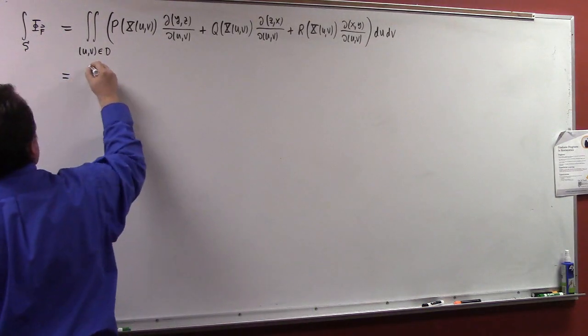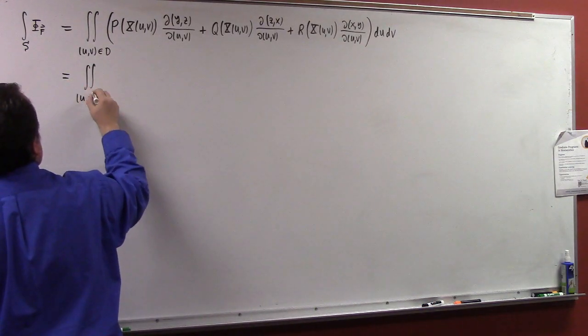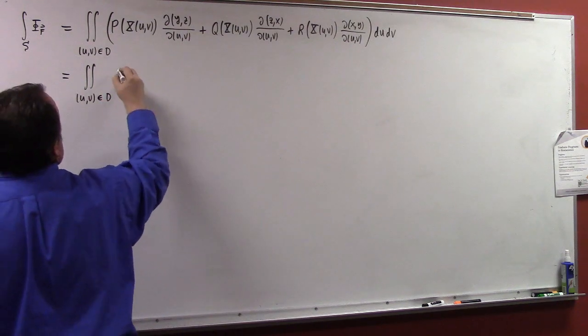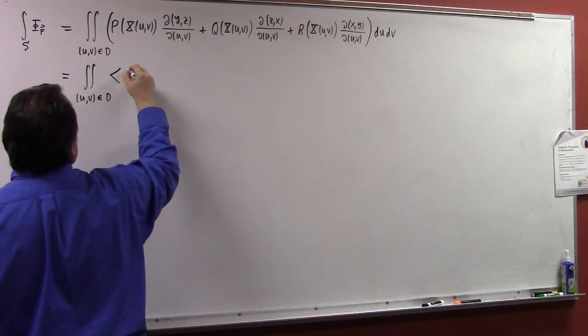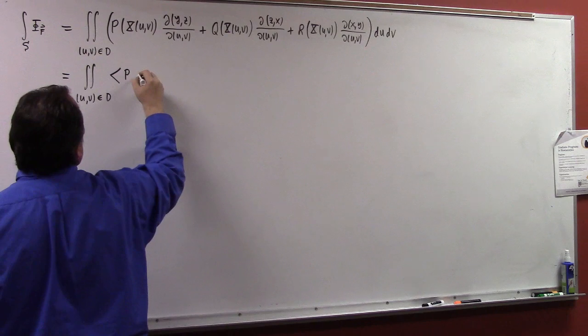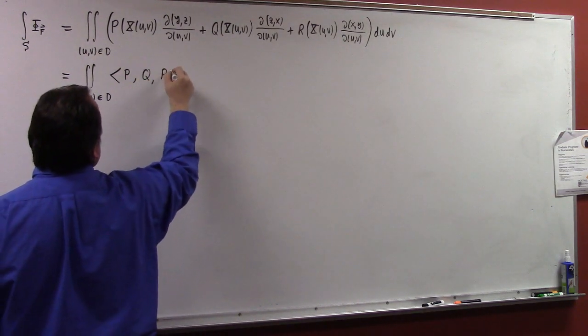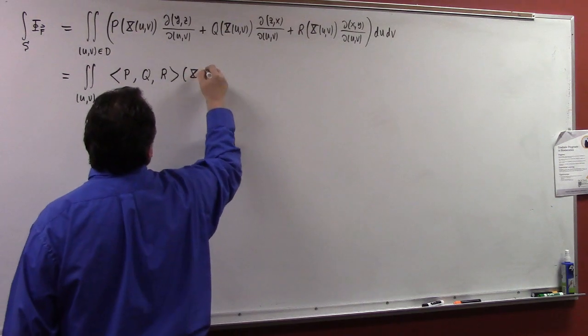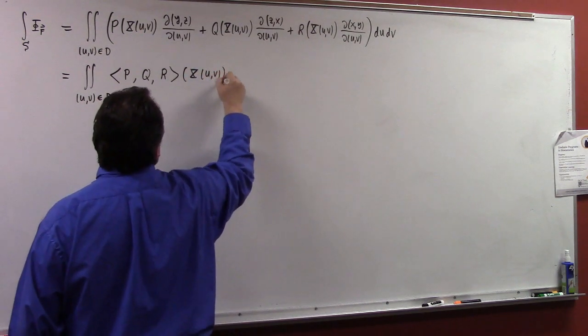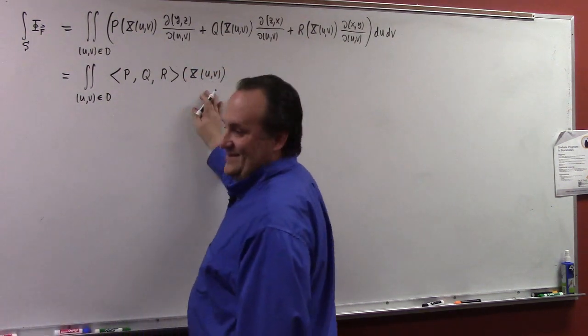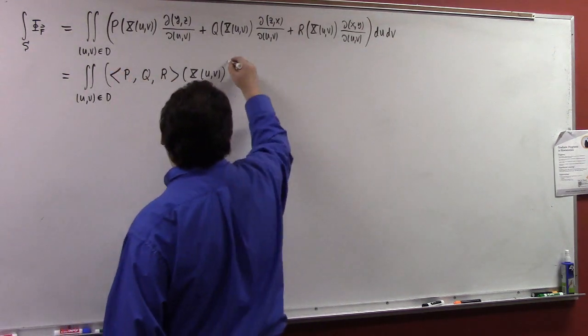Okay? But what is that? That is the same as the double integral for points in our parameterization of the vector field, you know, P, Q, R, evaluated at the point, because I want to write the evaluation once, if you don't mind. That dot product with what?